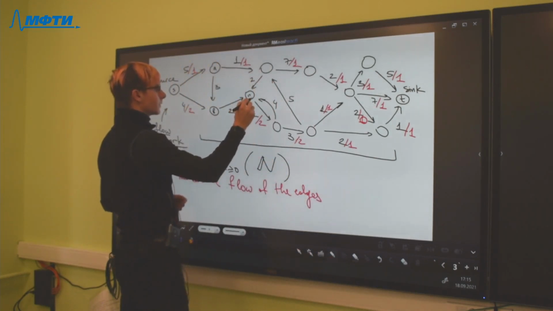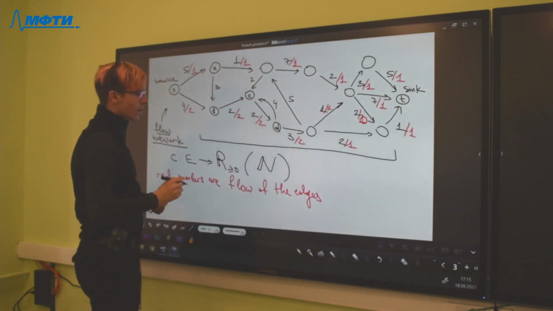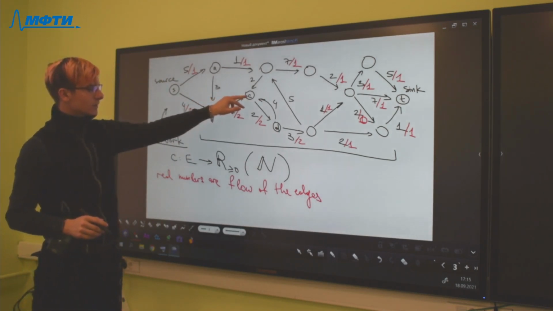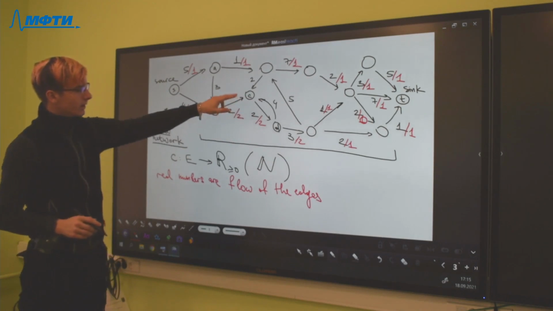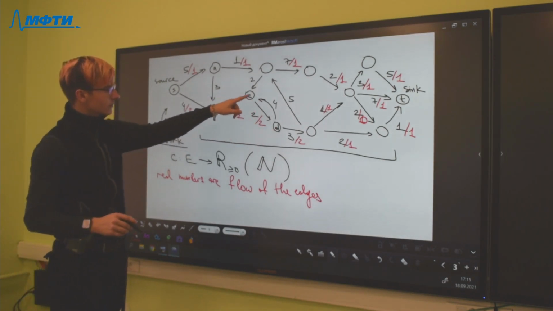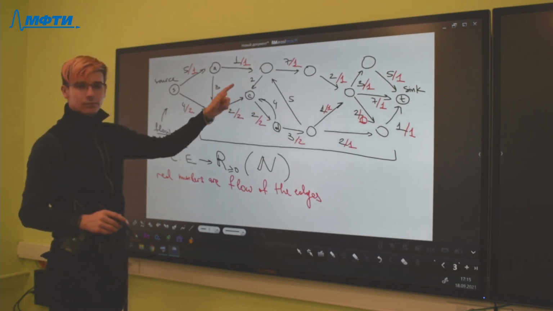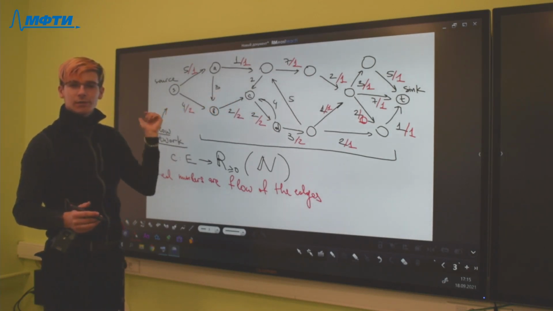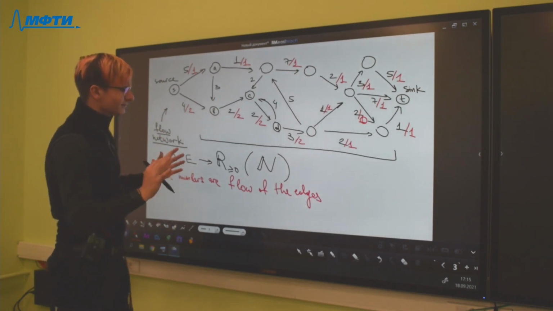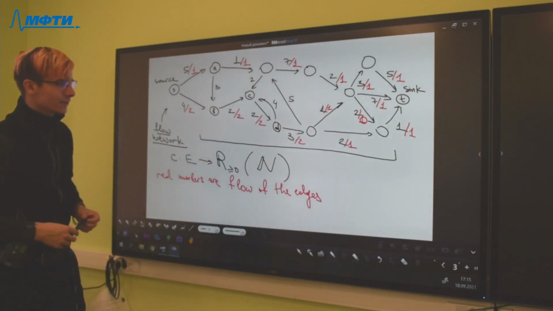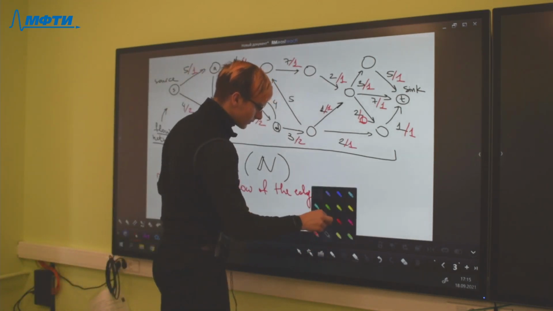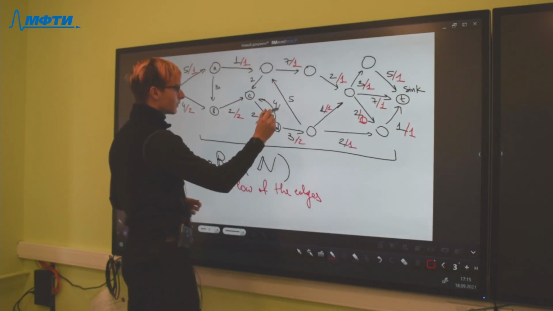For example, it's B and D. We can say that edge CD has flow equal to 2, and edge DC has no flow, or flow is equal to 0. Oh, okay, yeah, you're right. We can say that it's equal to -2.